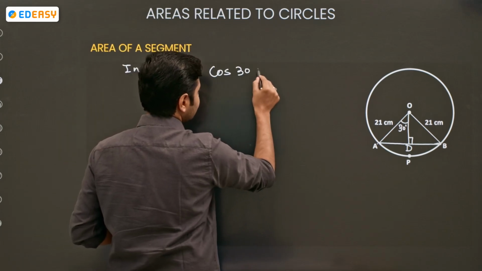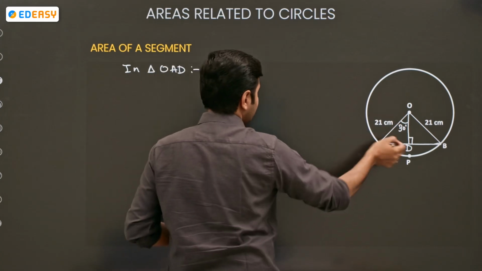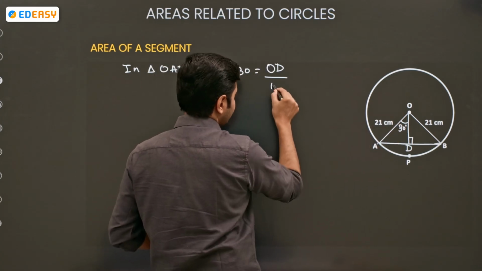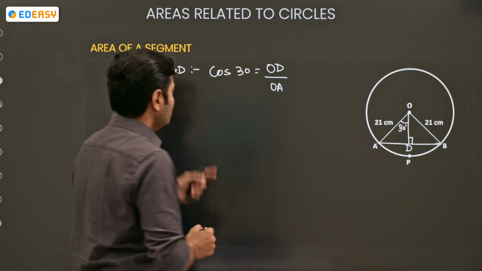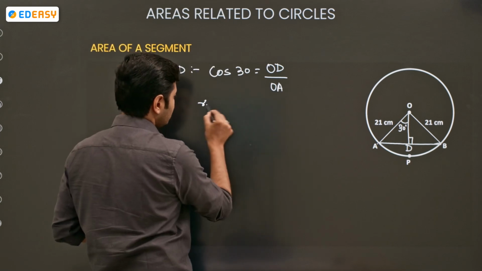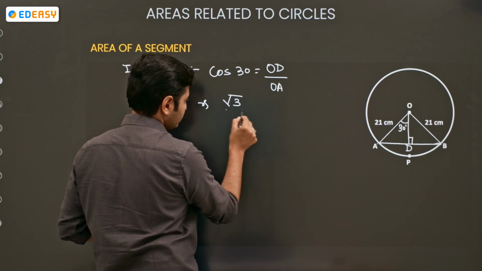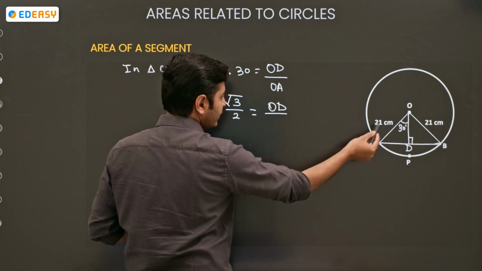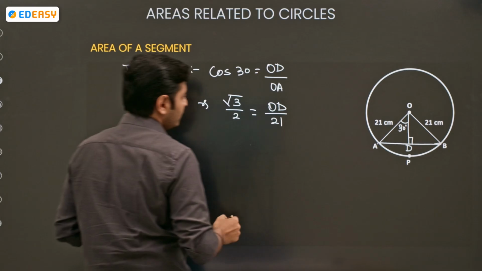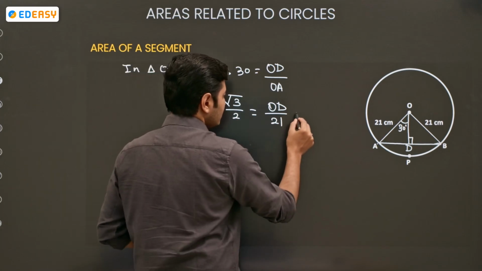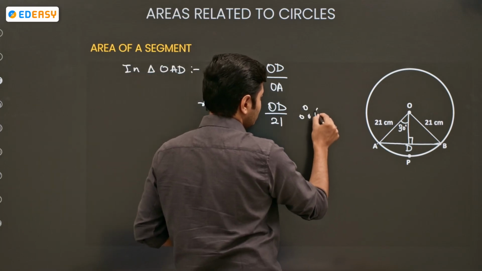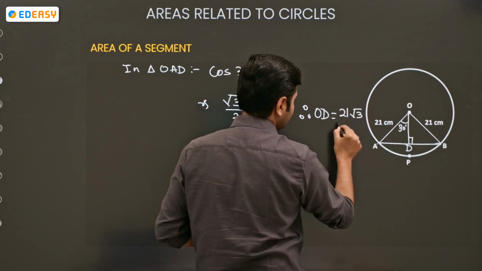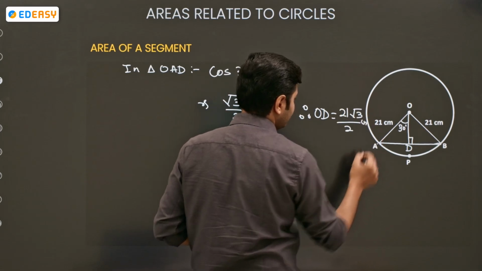Cos 30 is equal to OD, side adjacent or base, by hypotenuse, that is OA. Cos 30 is equal to what? Root 3 by 2. OD we don't know. OA is 21. Now, if you cross multiply, you will get the value of OD as 21 into root 3 by 2 centimeter.